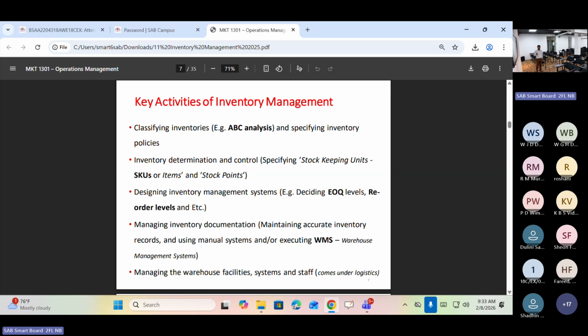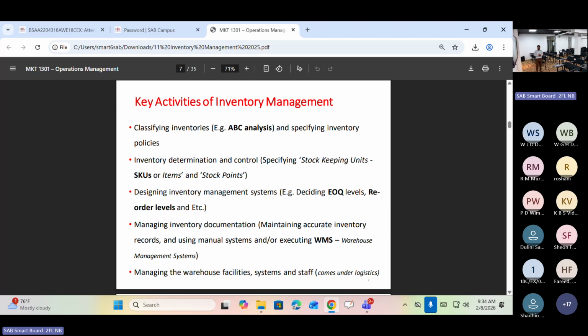inventory determination and control. That means specifying what the different inventory types are that you have to maintain. We call them stock keeping units. Specifying stock keeping units, SKUs, for inventory items, and deciding where they should be maintained.